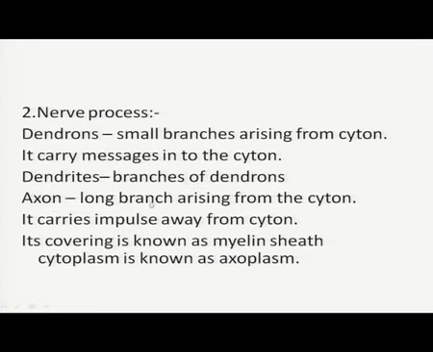Axon, the long branch arising from the cytone, carries impulses away from the cytone. Its covering is known as myelin sheath. Now, the cytoplasm seen inside the axon is known as axoplasm.